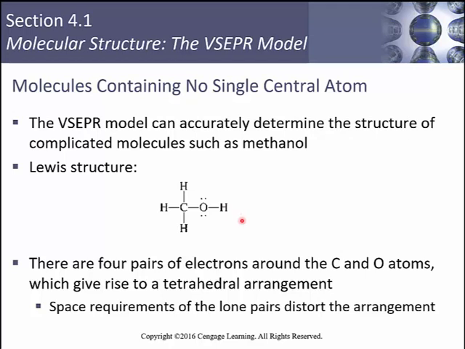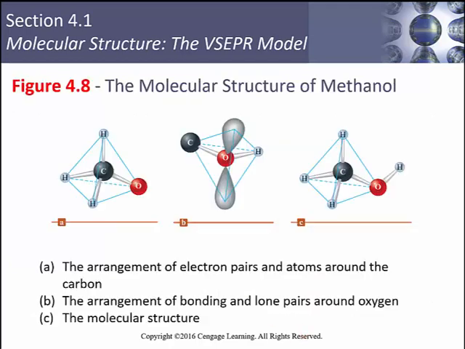There are 4 pairs of electrons around the carbon and the oxygen atoms, which give rise to a tetrahedral arrangement. So looking at this carbon, it is going to be tetrahedral. The space requirements of the lone pairs are going to distort some of that arrangement. It's not going to be that ideal 109.5 degree angle, but around this carbon, it will be a tetrahedron.